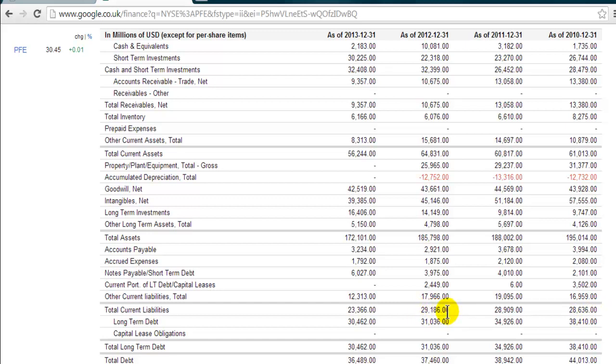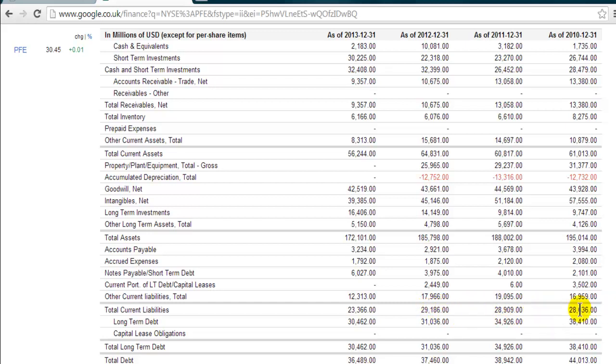But still, the key point when we are performing the Google Finance Asset test is the relationship between the current asset and the current liability. This is very important, but do not forget to also check the trend. Is it going up or is it going down? I can see this company is managing carefully, the total current liability is reasonable.